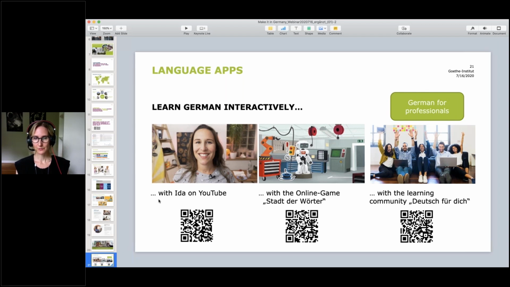But it also has a feature where you can actually talk to other students, to find a friend, to exchange ideas, to talk about Germany, but also to practice German. I think this is a great tool for you when you want to prepare for an exam or when you have any other questions regarding moving to Germany, then this is definitely a good community to join.